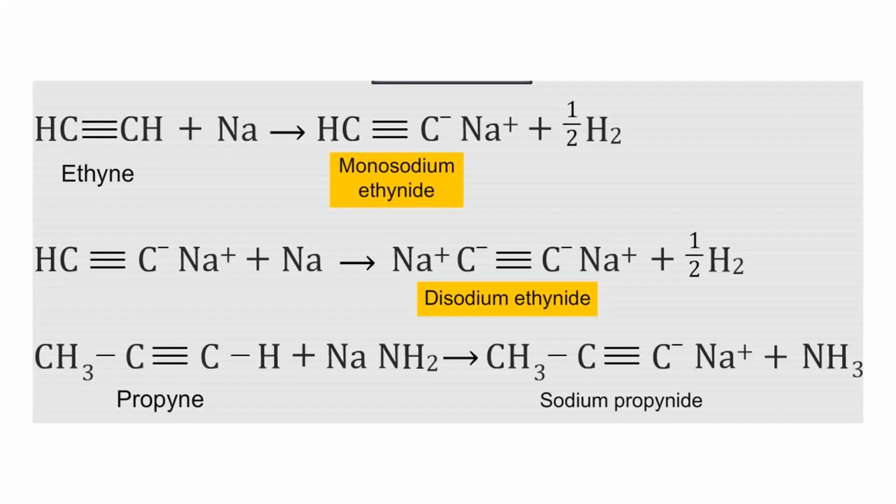Hence, hydrogen atoms of ethyne attached to triply bonded carbon atoms are acidic in nature. We may note that the hydrogen atoms attached to the triply bonded carbon atoms are acidic, but not all the hydrogen atoms of alkynes. So here we go with the chemical reactions showing how it is acidic in nature.